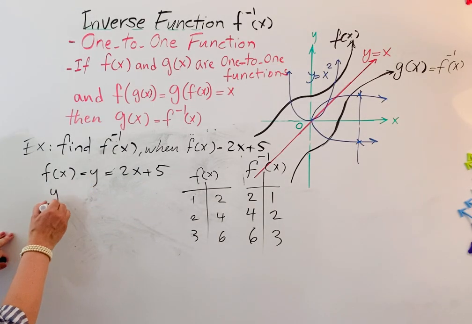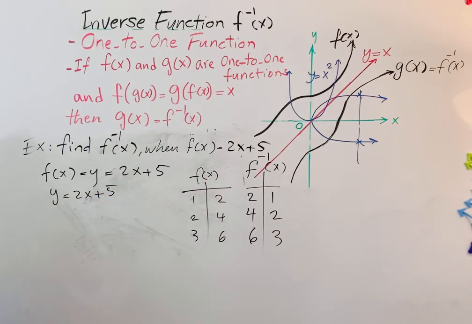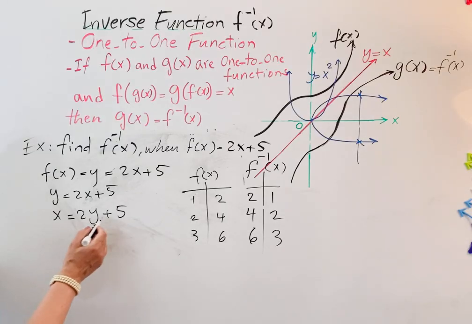Okay, we can use this one. y equals 2x plus 5. What can we do? We can change any y to x, any x to y. Here we have x equals 2y plus 5. And now we must solve this one for y, because this y is the y of this one. Okay. What can we do?